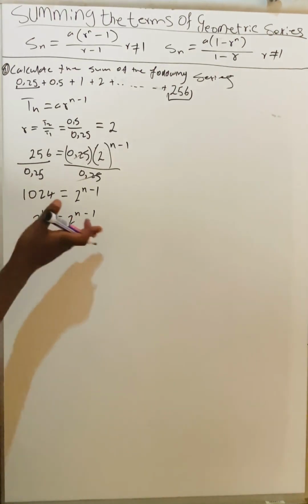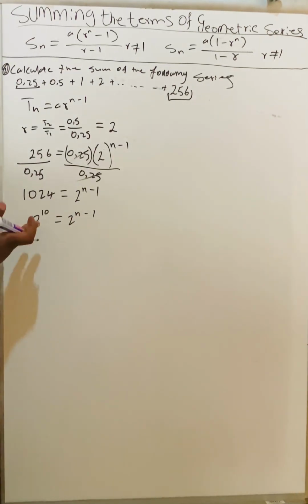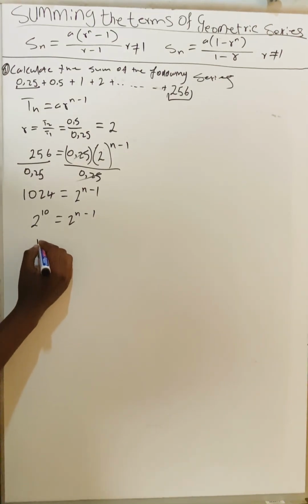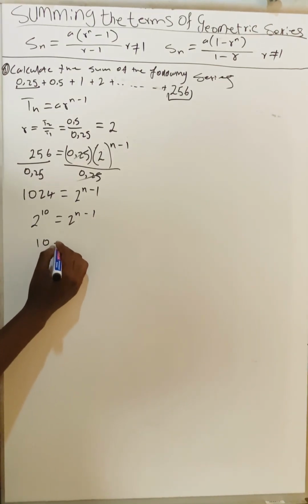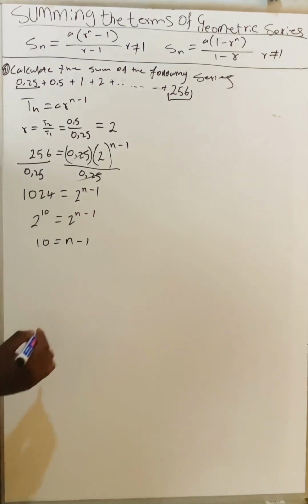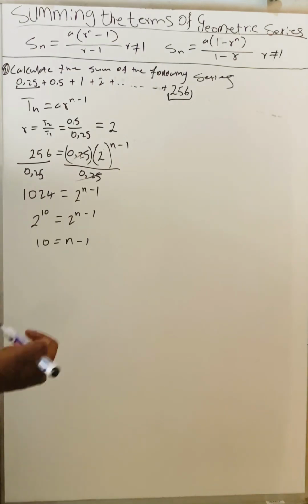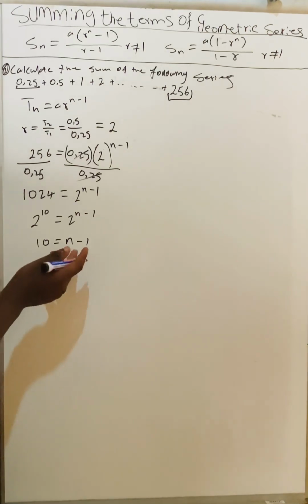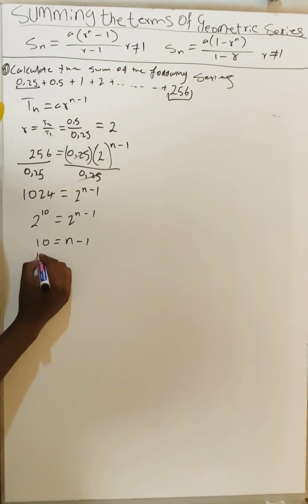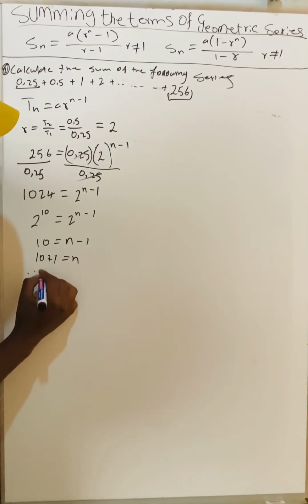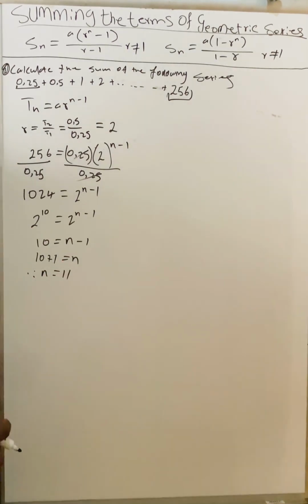When the bases are the same, we equate the exponents. You will have 10 is equal to n minus 1, and you need n alone. It means you will take this negative 1 to the other side, and remember that it will change the sign. You will have 10 plus 1 is equal to n. Therefore, our n is equal to 11.